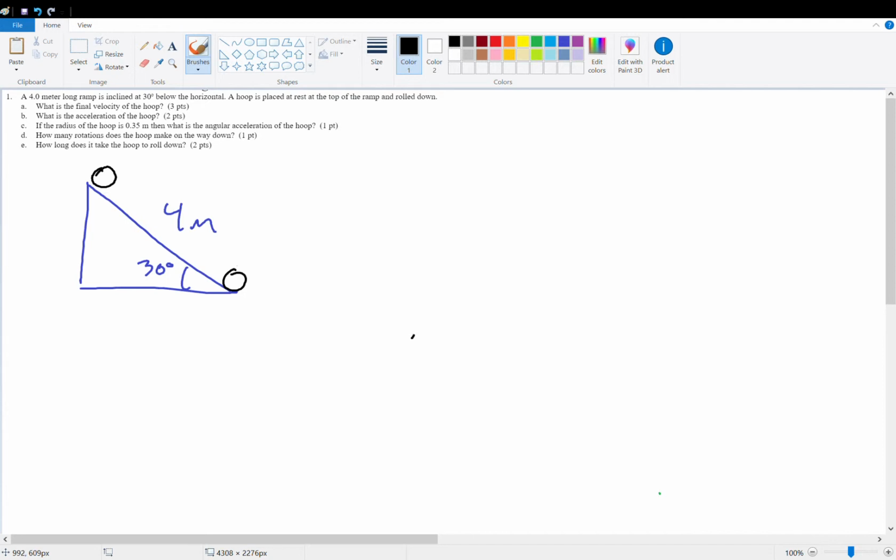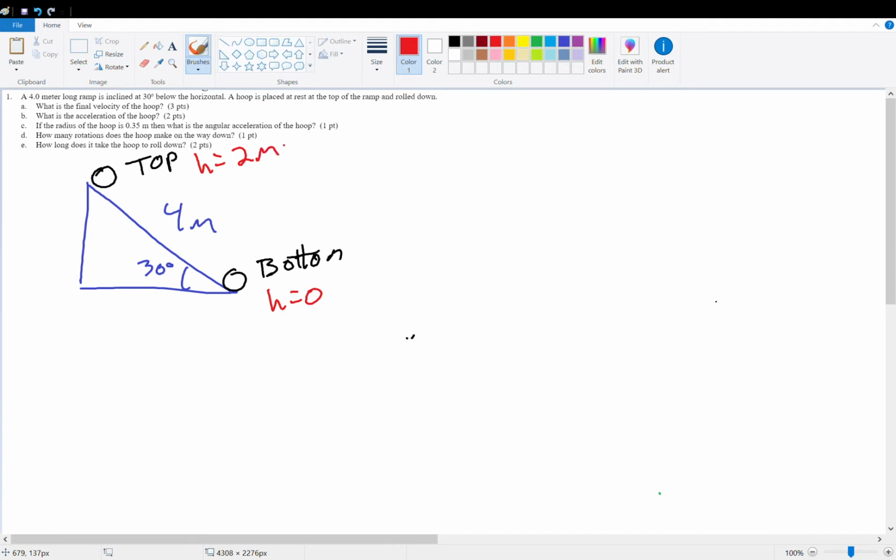Since we are given information about the top and looking for information about the bottom, we probably want to use conservation of energy, which requires us to know the height. Let's call the bottom a height of 0. Using a little bit of SOHCAHTOA, we find that the height of the top is 2 meters.